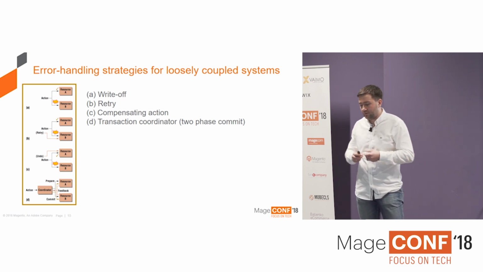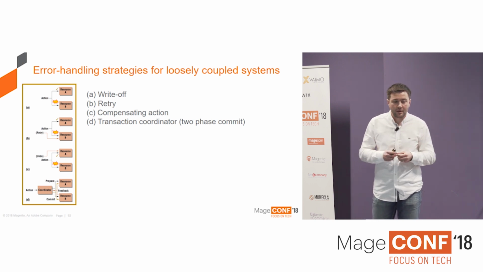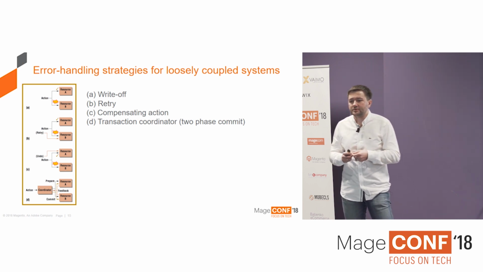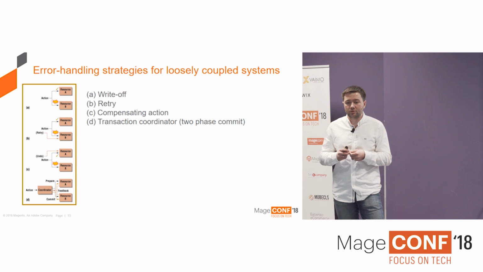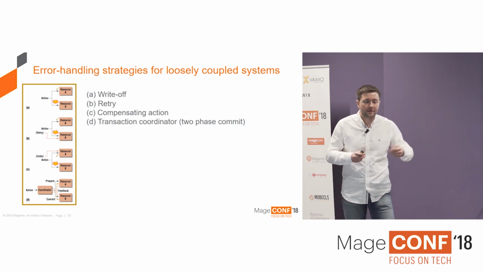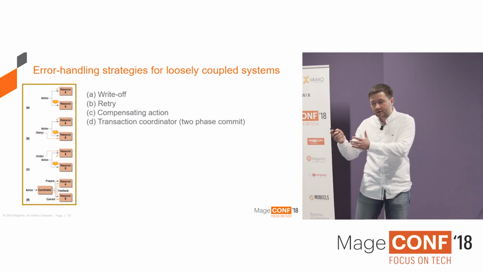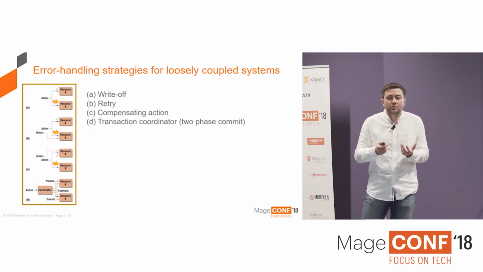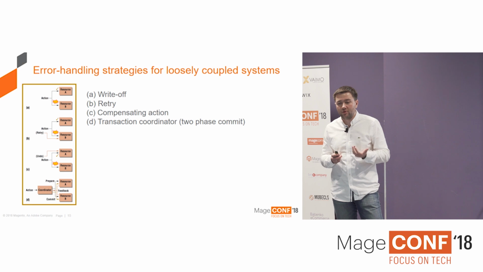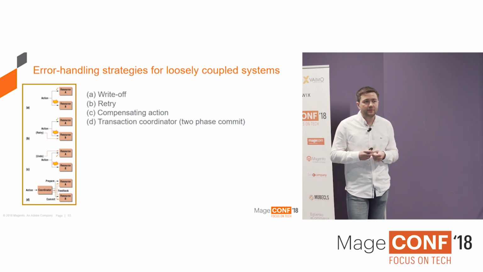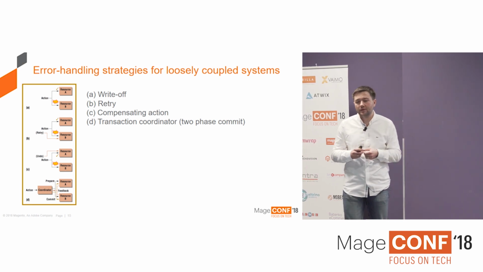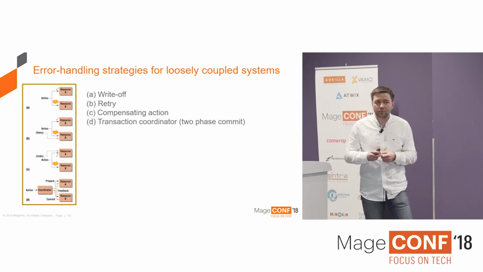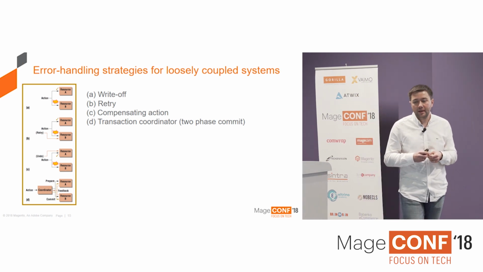But if the command was asynchronous, it's really hard to ask the party which issued the request what to do, whether they need to retry or what. So there are several different strategies for how asynchronous operations can be handled.